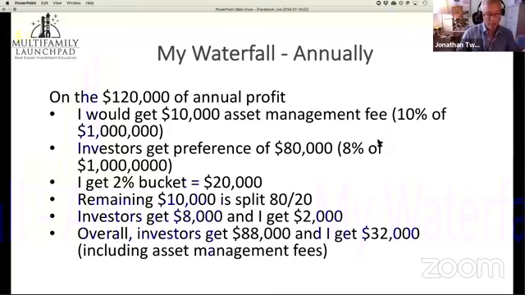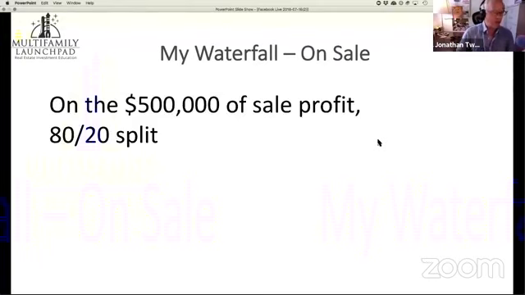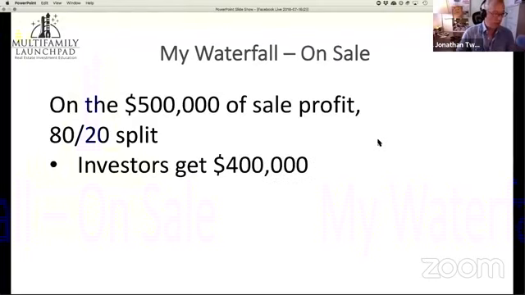So you can see it's a little bit more favorable to me than that 50-50 split above the 8% preferred return. But then on the back end, I'm giving some back. So on the back end, if it's a $500,000 profit and an 80-20 split, they're getting $400,000 and I'm getting $100,000.